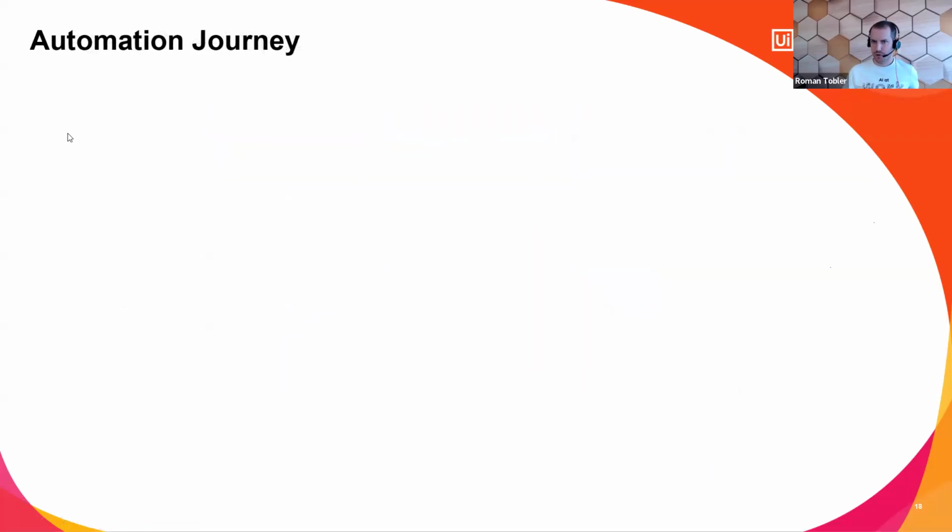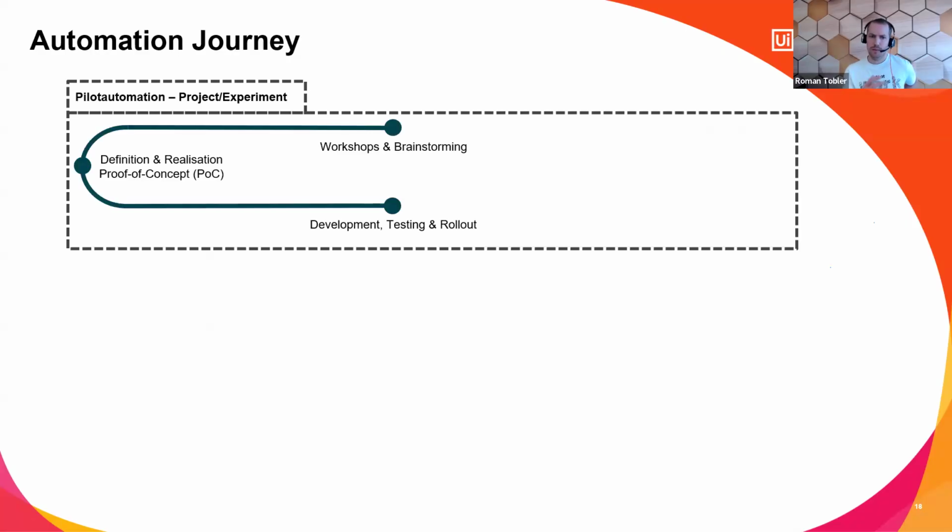Where can we start? Where should we start? What we want to show here is that we can learn from the experience we've already got and adapt. This is a slide that I show frequently on the automation journey, and we will see the parallels. If you want to start out with automation, RPA, whatever it is, intelligent automation, it will be an experiment. It might be a project, a pilot automation. You will conduct some brainstorming, maybe some workshops on what we can do and what value it can provide to me, to our company, to my team.